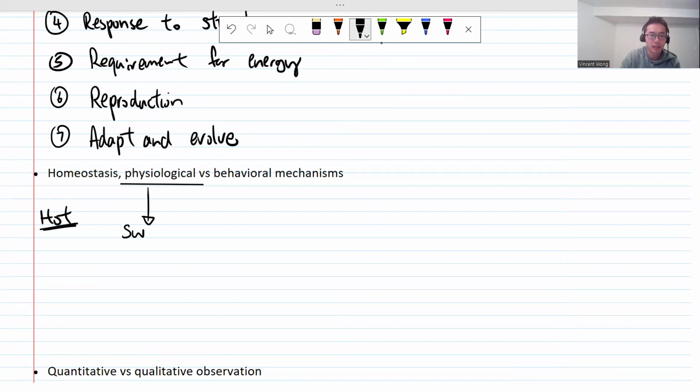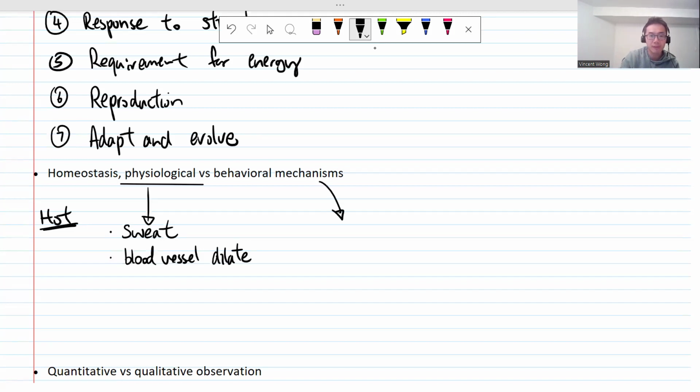Well, you can sweat, and that's going to cool you down. If you look at the blood vessels on your arm on a very hot day, they tend to be more prominent, closer to the surface. So blood vessels dilate and help vent off some of the heat trapped in your body. Together, these things will cool you down.